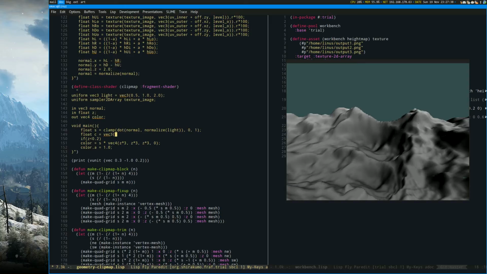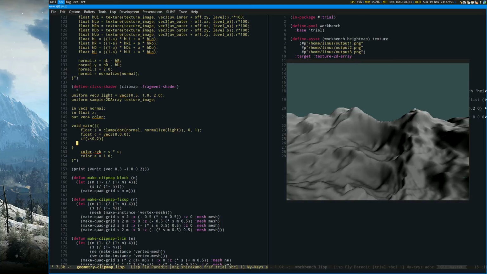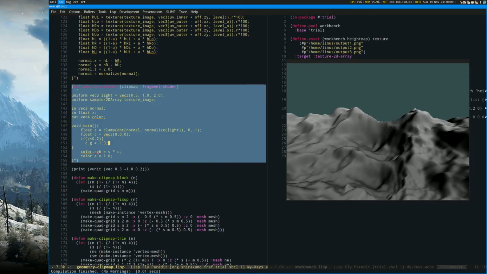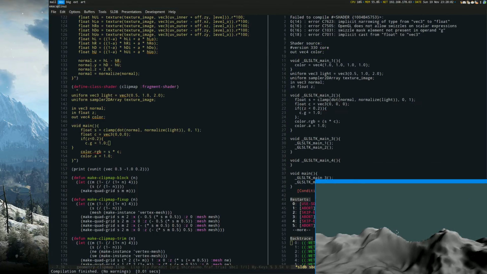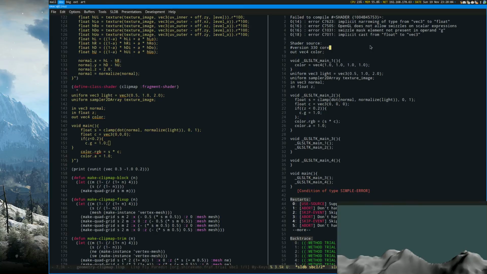No, what, 3? Zero, zero. Dot G1. What? Oh, I'm a dumbass.